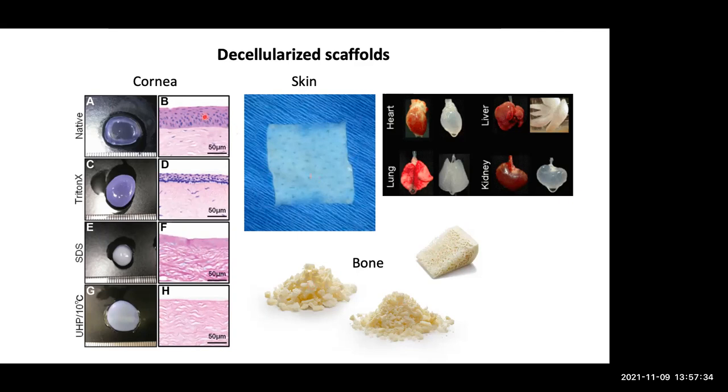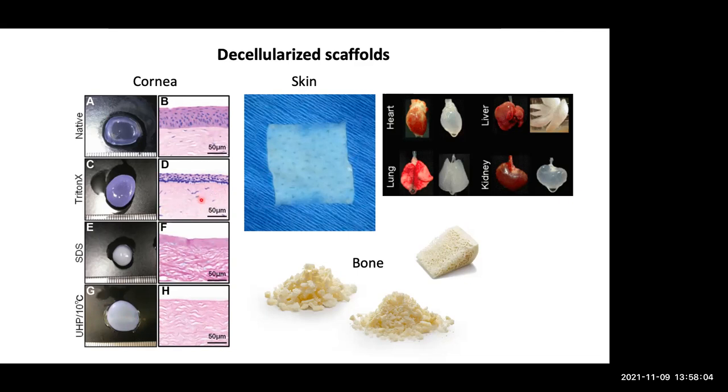Okay, this is cornea as well, where they vary the type of detergent. This is a native cornea, looking like this, and then they use Triton X and SDS, different detergents, and then another detergent plus a cold temperature. And this is the outcome. The native cornea, which is in the eye, has some cells inside, and after they remove the cells, yeah, there are not many cells in there.